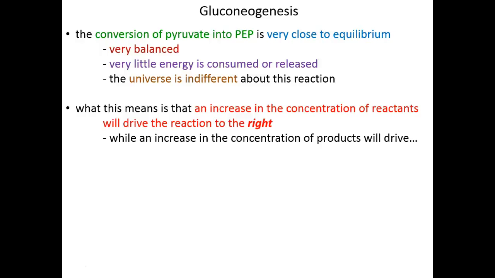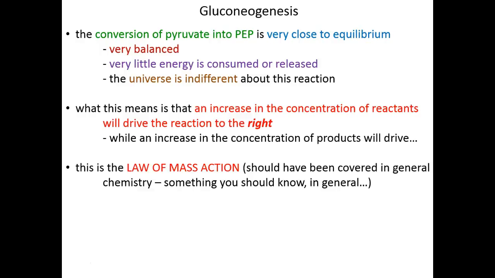In this case, we can think of the reactants as PEP and the products as pyruvate. So if the cells have higher levels of PEP than pyruvate, we're going to drive the reaction in the glycolysis direction. We're going to convert PEP into pyruvate. If we have higher levels of pyruvate than PEP, we're going to push this reaction in the gluconeogenesis direction and convert that pyruvate into PEP.